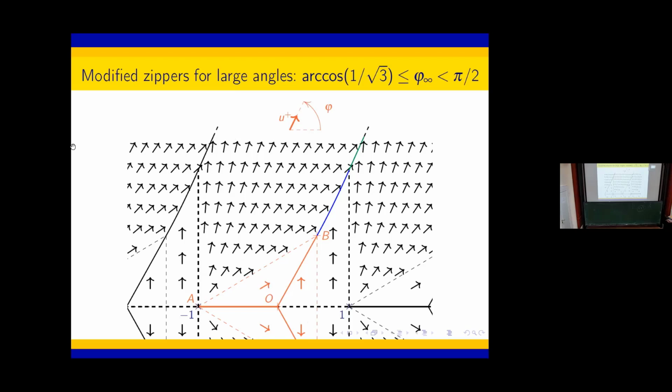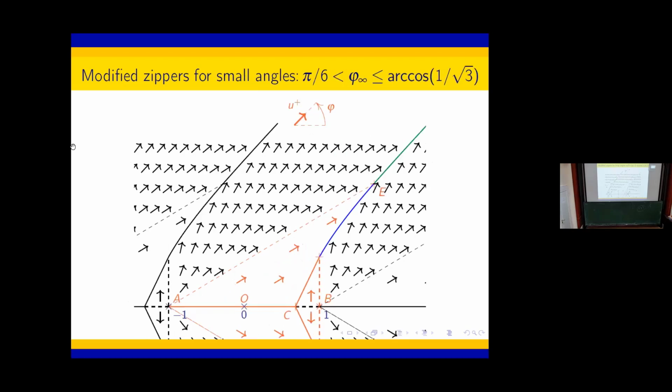Here we have 3 branches of jumps, pi/6, pi/6. This works only for large angles, so cosine of phi should be smaller than 1/√3. We have another construction for smaller angles, a modification of the interaction.